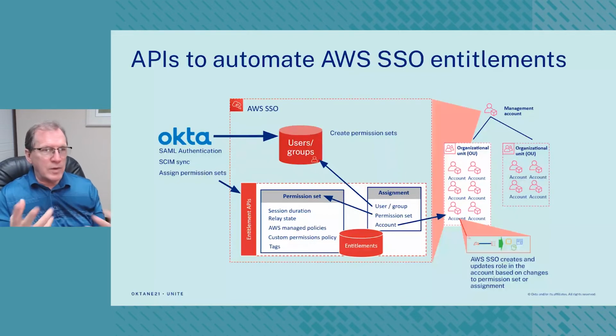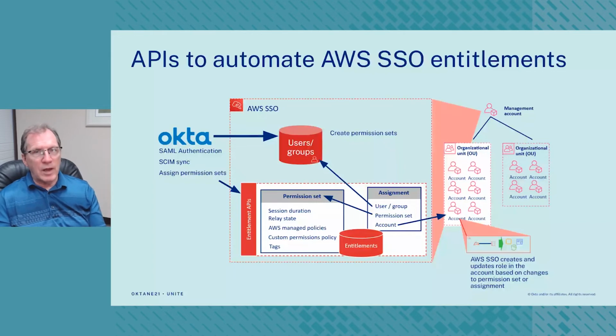So you might want to create the permission sets in AWS SSO. Maybe you do that through CloudFormation stack sets or other tools you might want to use. But regardless, now you can take advantage of the workflow management that Okta has to assign the permission sets to the users in the groups based upon actions that you process through Okta's workflow system.